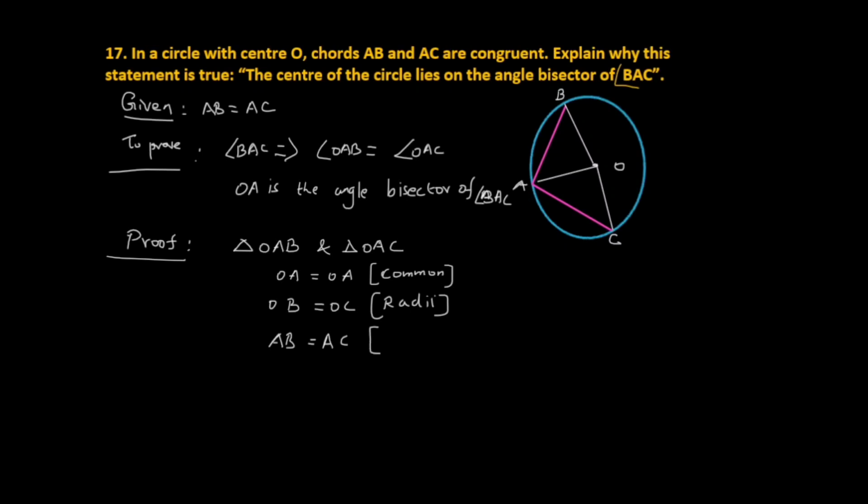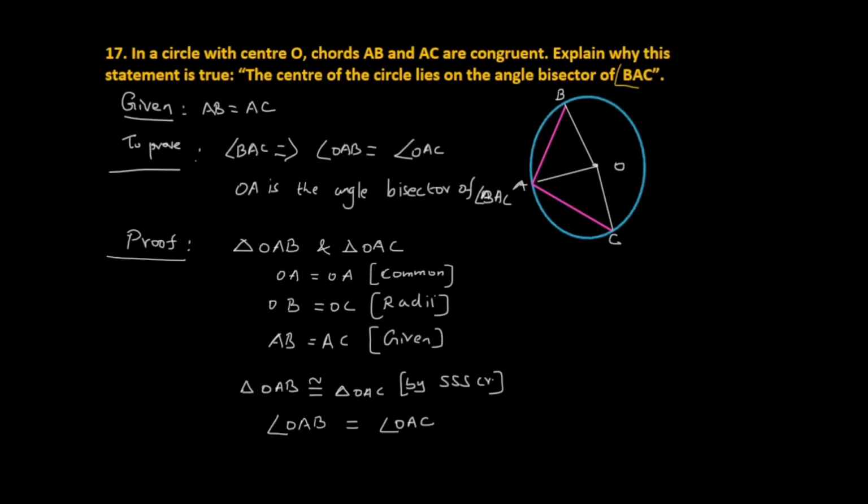They are the congruent chords, given condition. So triangle OAB is congruent to triangle OAC by SSS criteria. So by CPCT we can conclude that angle OAB is equal to angle OAC, which means this angle is equal to this angle.